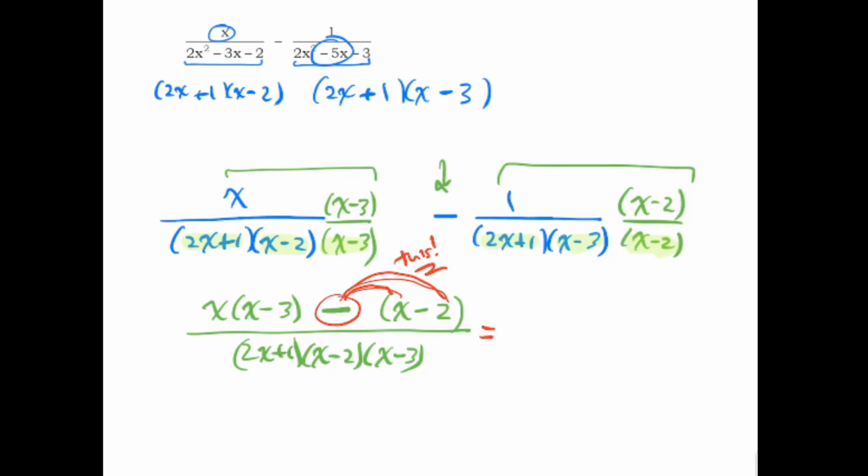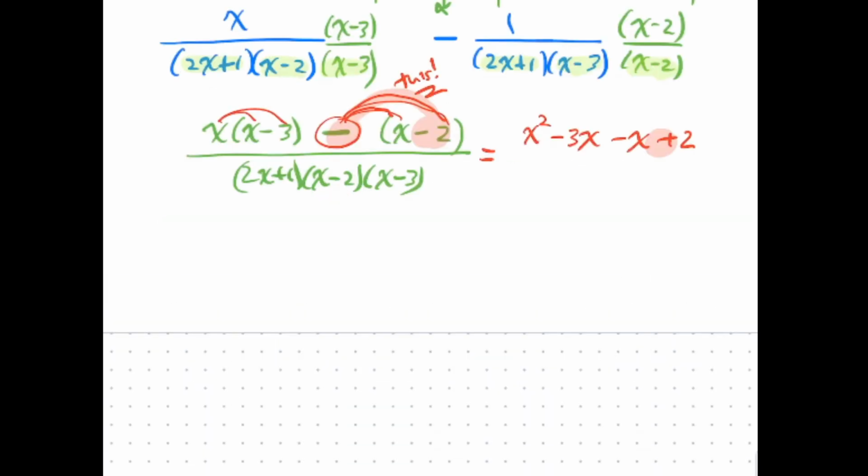So if I simplify across the top, first I can do this. x times x is x squared, then I have a minus 3x. Now I'm over here in the danger zone, and I'm doing a negative x, and then I'm doing a negative times a negative 2 to get me a plus 2, okay?